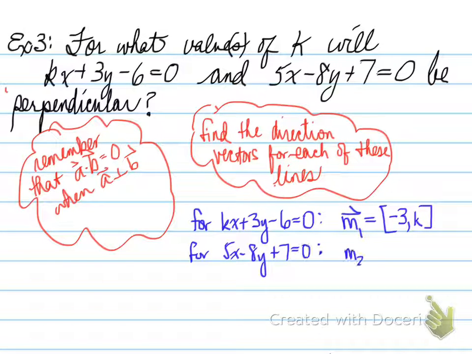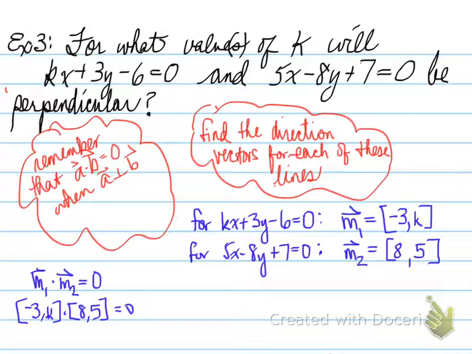And for the other one, we also find the direction vector, which is 8, 5. Remember, again, it's b, negative a, or negative b, a, however you choose. And then we take m1 dot m2, and we set it equal to 0.